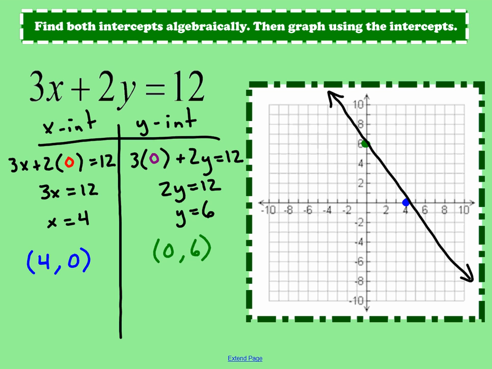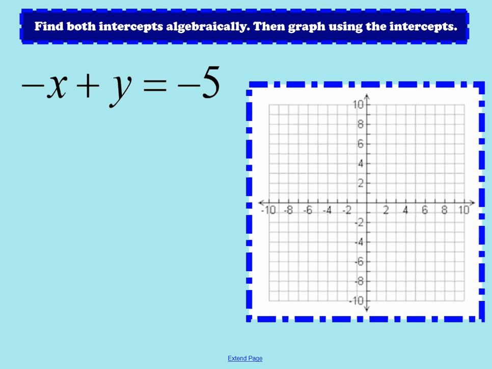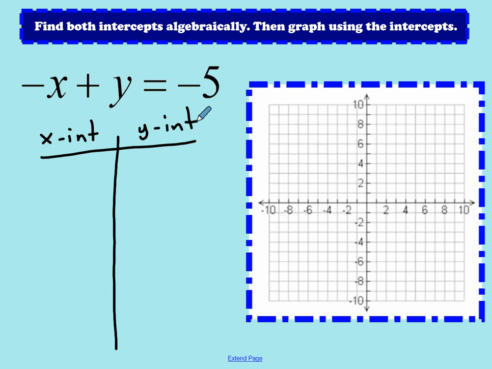Let's go ahead and look at our next example here. It says to find both the intercepts algebraically, then graph using the intercepts. So we're going to do the same exact process here. I have an x-intercept again. I got a y-intercept. Trying to find them both. So I'm going to say negative x plus, instead of a y, I'm going to put a 0 there.